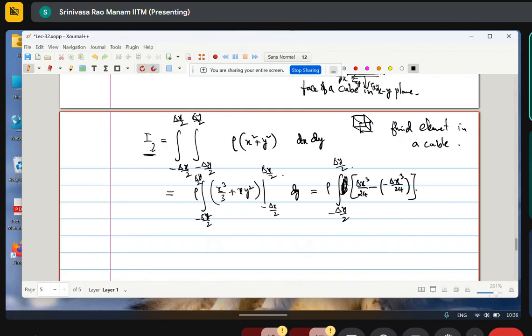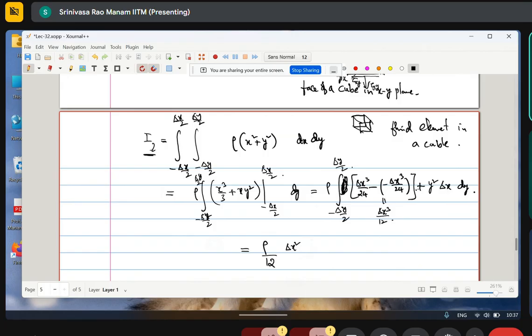The 2 cube becomes 8, 8 into 3 is 24. Plus this becomes delta x by 2, only x I am putting, so y square into delta x into dy. Is it fine? So this is nothing but overall delta x cube divided by 12 only. So the 12 like that will come, delta x cube. So that I'm going to write as delta x square into delta x.